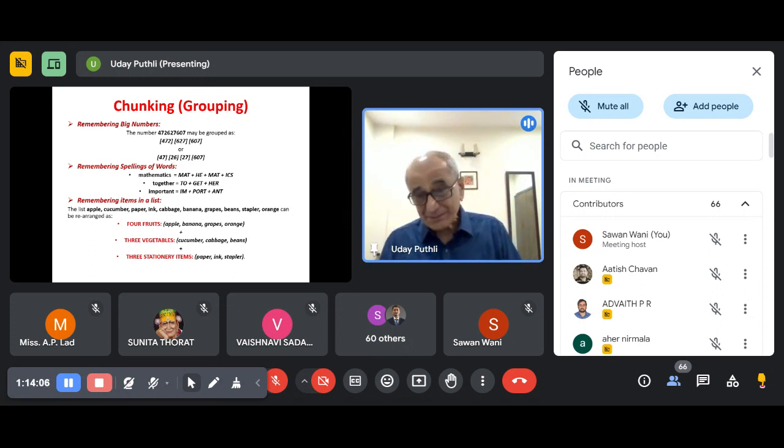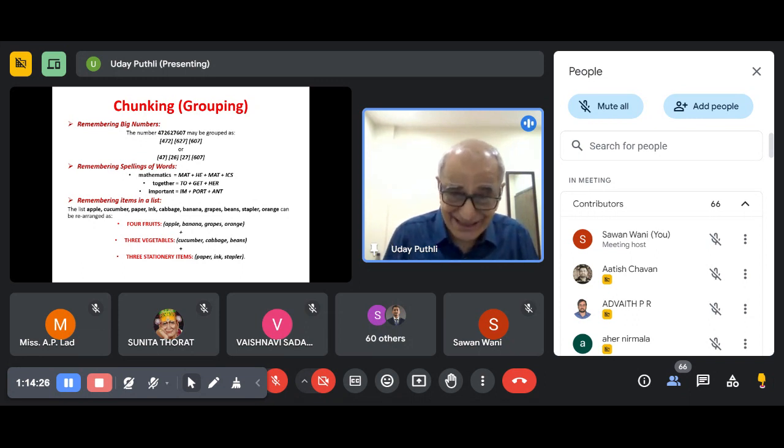Now, how do you remember spellings? Mathematics, for example. Can you break it down into different words and add them together? Now, Mat is a word, he is a word. Mat plus he plus Mat, all this makes sense. ICS.